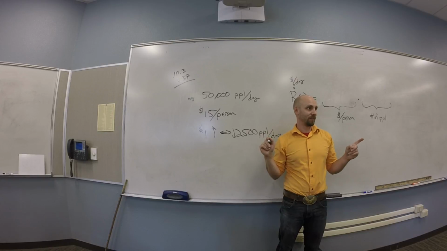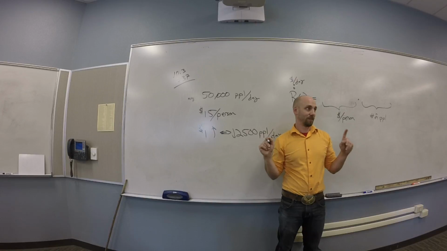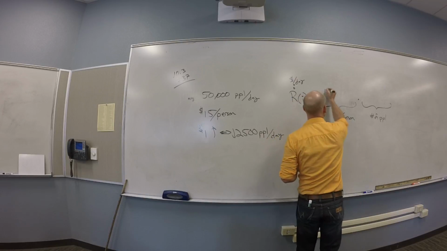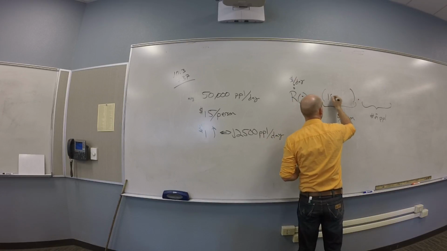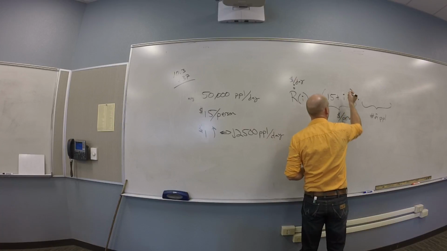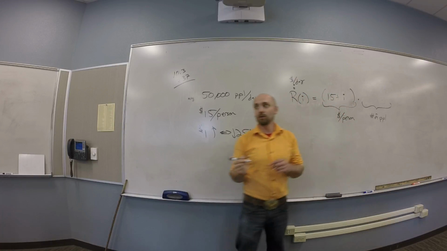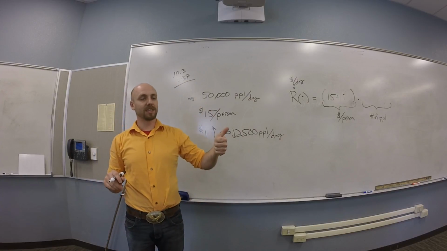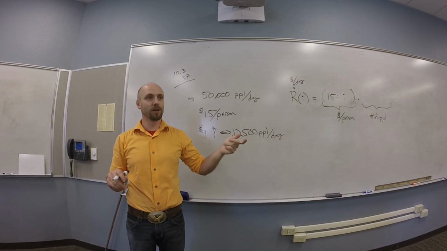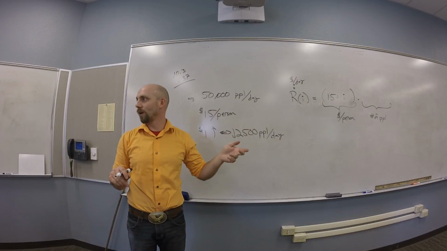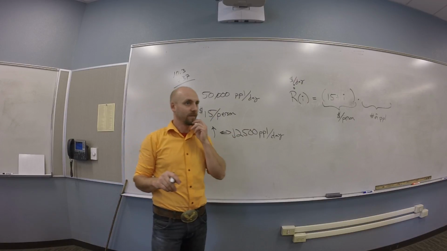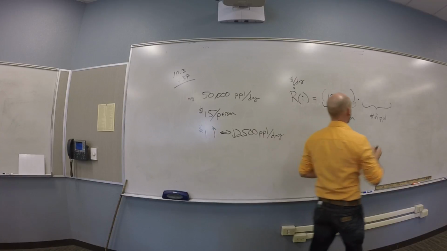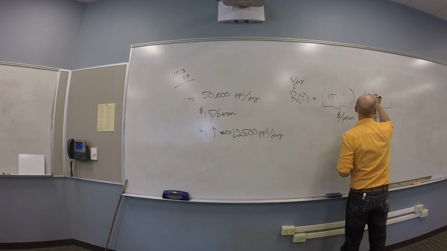Oh, by I dollars. 15 plus I. So in your ticket cost, you're going to do 15 plus I, because that's how much a new ticket's going to cost. If I is 1, you're getting 16 bucks. If I is 2, you're getting 17 bucks. If I is 25, you're getting 40. And then you multiply it by the 50,000.